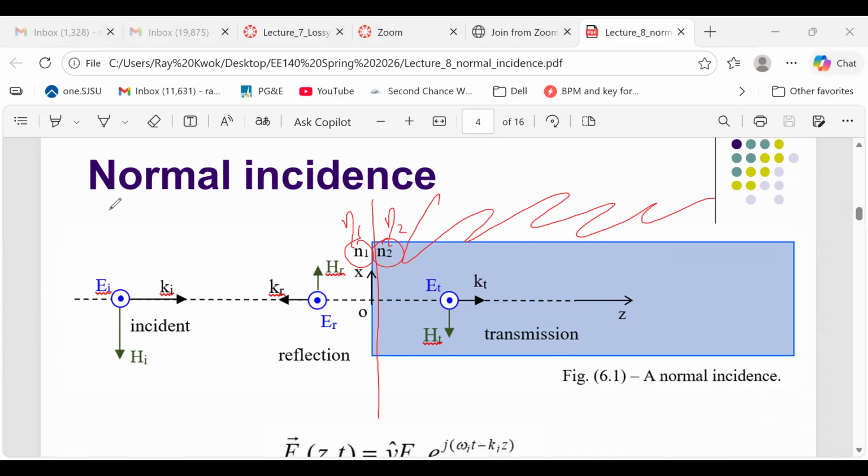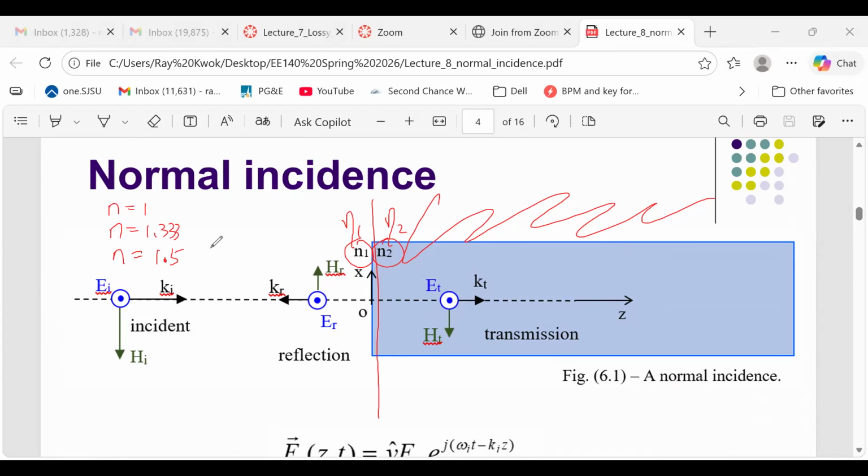So for example, what is the index of refraction of air? 1. What's the index of refraction of water? 1.33, 4/3. What's the index of refraction of glass? Depends on what type of glass, but it's roughly about 1.5. And then diamond is higher.